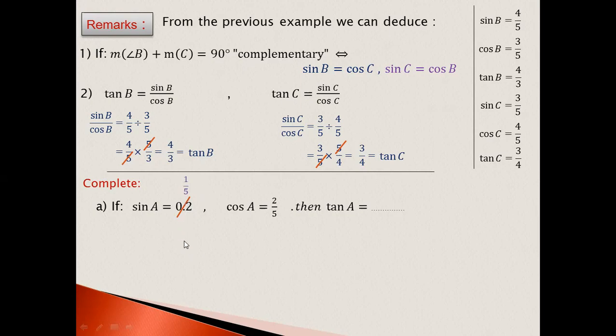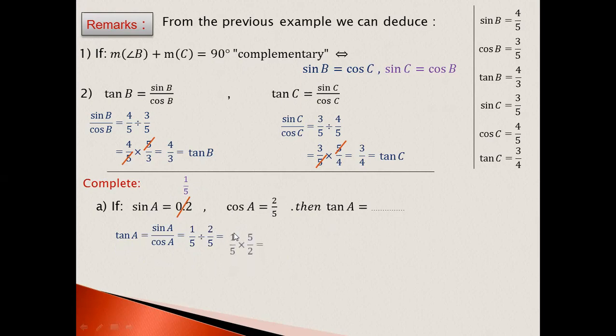We know from the previous that tan of the angle A is equivalent to sine of the angle A divided by cosine of the angle A. And sine of the angle A is 1 over 5 divided by cosine of the angle A, 2 over 5.